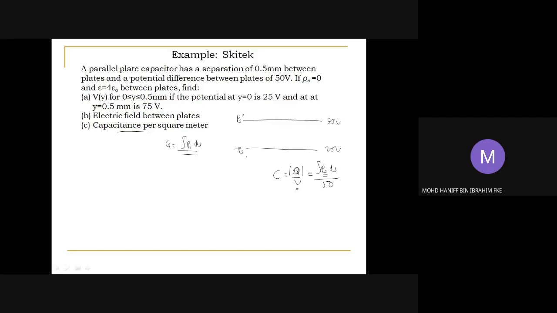To find rho s, you have to go back to the basic boundary conditions that we learned in chapter 5.